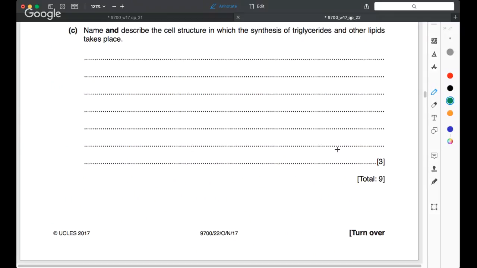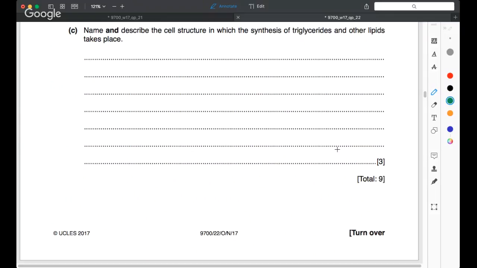So smooth endoplasmic reticulum is continuous with the nuclear envelope. It does not contain any ribosomes. Is it continuous with the nuclear envelope? No. What's it continuous with? Is it the rough? Yeah, it's the rough. Okay. So if you say something wrong, but get the other 3 marks in it, is it still? You'll get 4 marks.